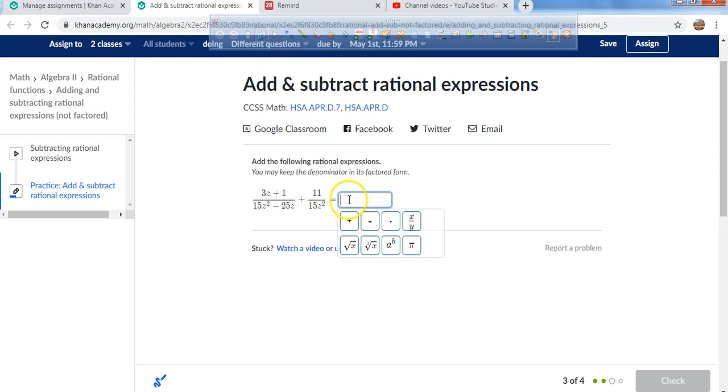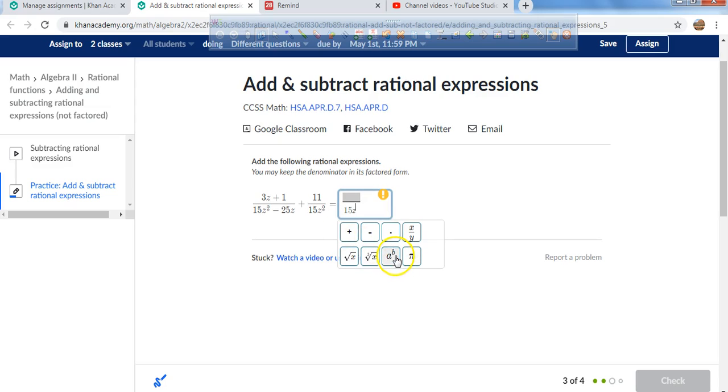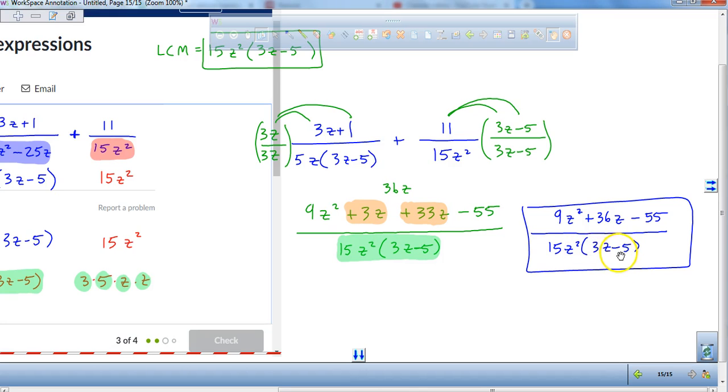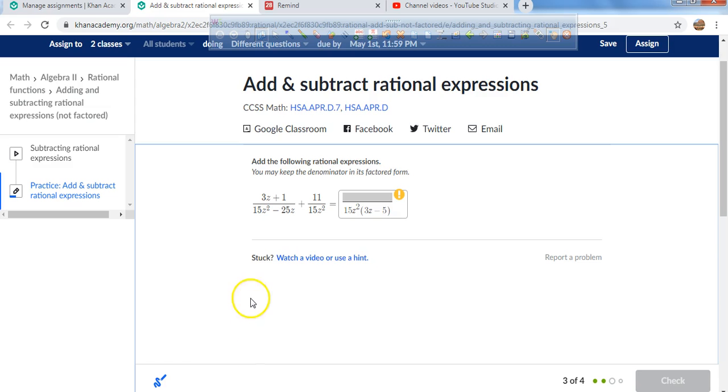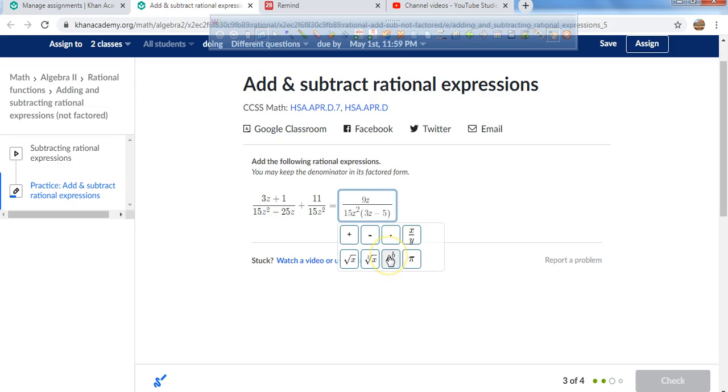All right, here we go. I'm going to keep it in factored form. So I'm going to put 15z squared, 3z minus 5, all over 9z squared, and then I believe it was plus 36z minus 55.